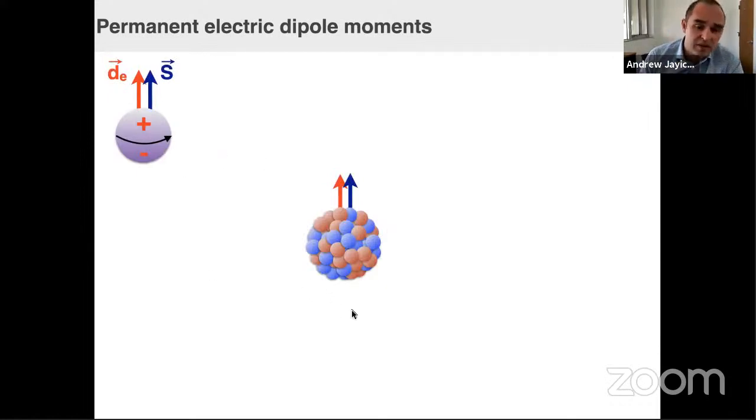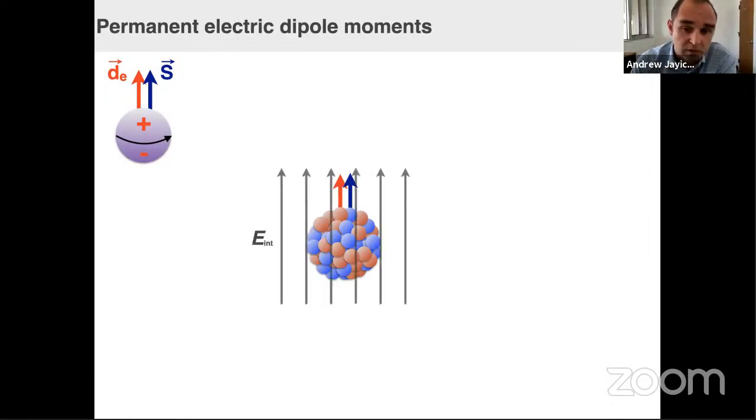Okay, how would we measure a moment like this? Well, a permanent electric dipole moment could occur in a nucleus. This is the spin vector and the dipole vector. How would you do this? Well, you want to put the dipole moment in a large electric field and then measure some energy levels associated with this system in this configuration.